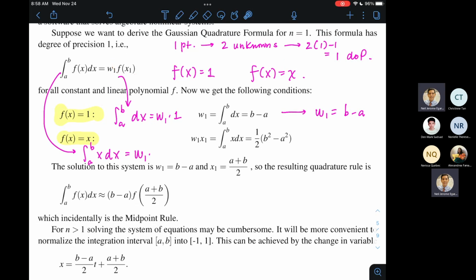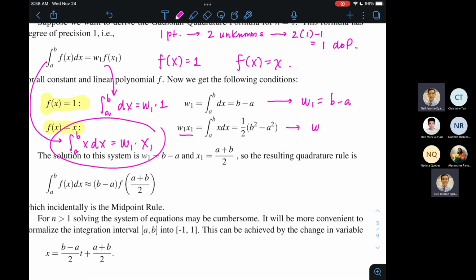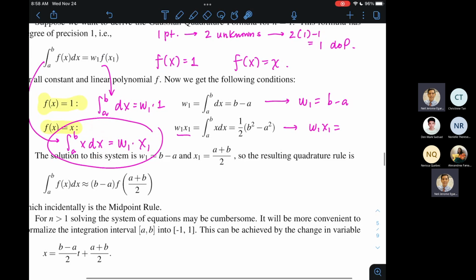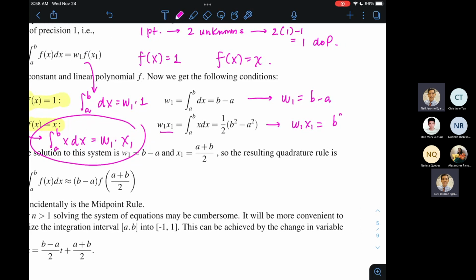But f here is the linear function x. So if I plug in x1 into x, I'm going to get x1. And so we'll get this equation. Now we get W1 x1 on the one side of our equation. And then if we evaluate the integral of x over the interval ab, we're going to get b squared minus a squared all over 2.